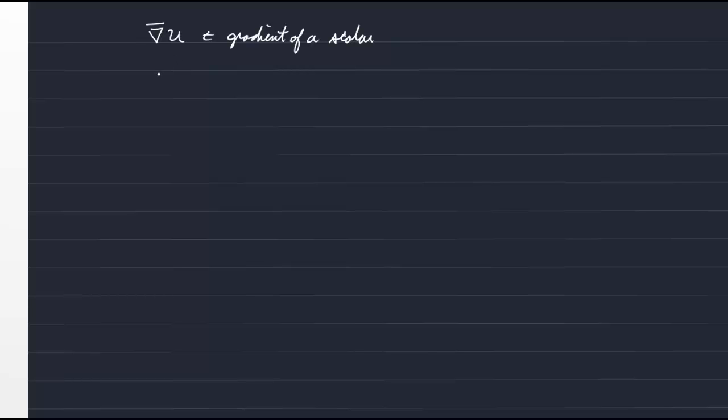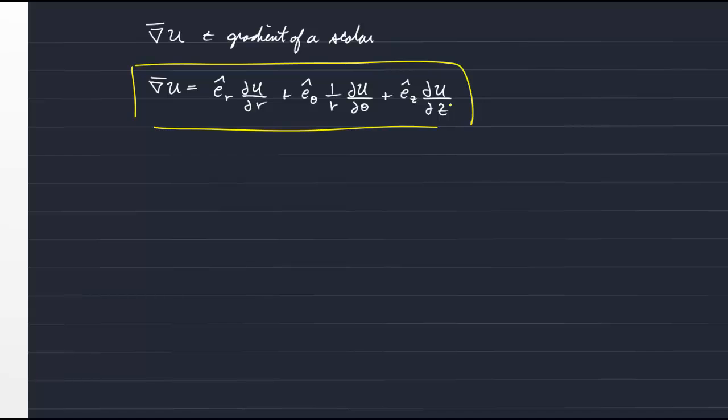So grad u is simply equal to e hat r partial u with respect to r plus e hat theta times 1 over r partial u with respect to theta plus e hat z partial u with respect to z. And that gives the gradient in cylindrical coordinates.